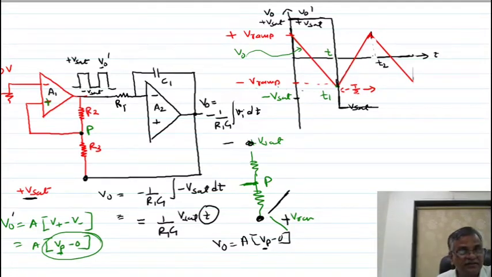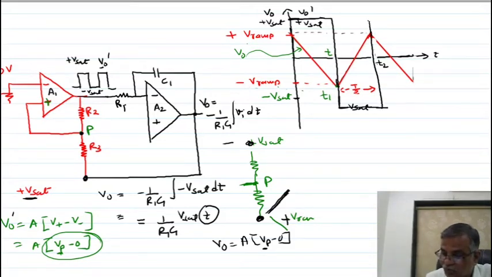So when this positive ramp signal attains the value plus V ramp at time T2, the potential at P is just above positive. As it is just above positive, the output of A1 changes from minus to plus.